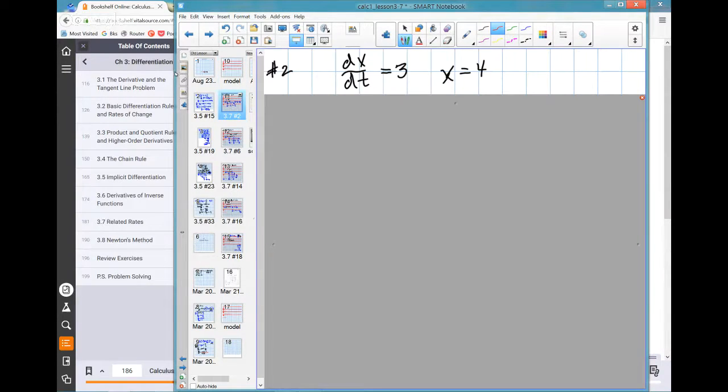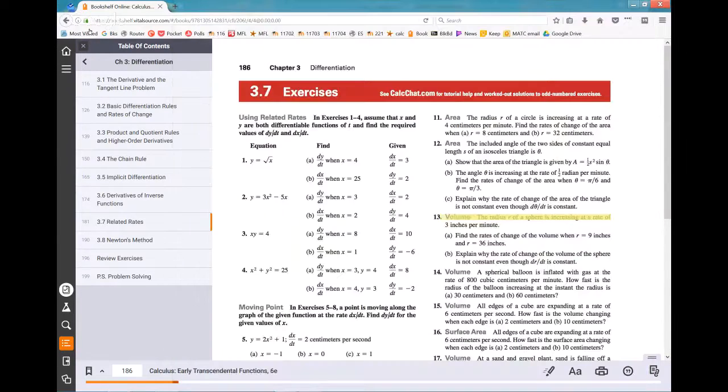So the first one I'd like to do is number 2 in the book. Interesting. That doesn't look like number 2.